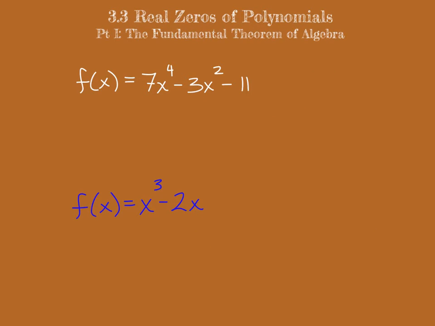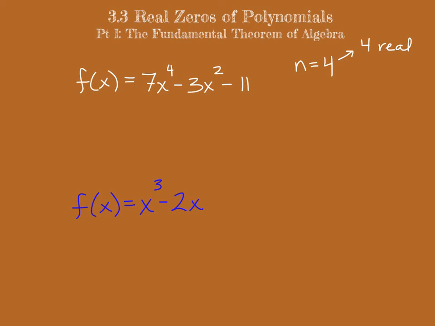Let's take a look at just these two polynomials here. They are functions, but we'll call them polynomials for now. This first f of x in white is a quartic trinomial. Down here in blue we have a cubic binomial. So the degree up here is 4 and the degree down here is 3. Let's look at the f of x up top. We know that the degree, which we'll call n, is 4, and so we're going to have a total of 4 roots. Imaginary roots come in pairs, so there might be all 4 real roots.